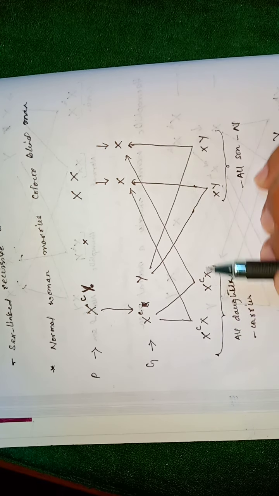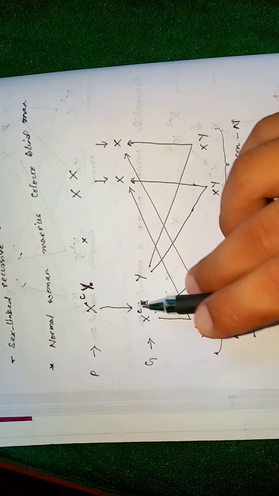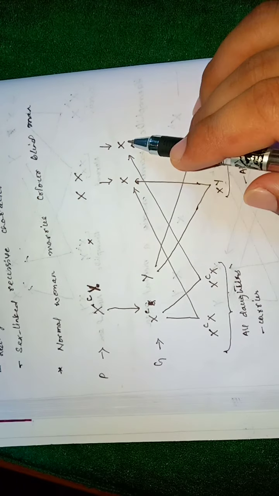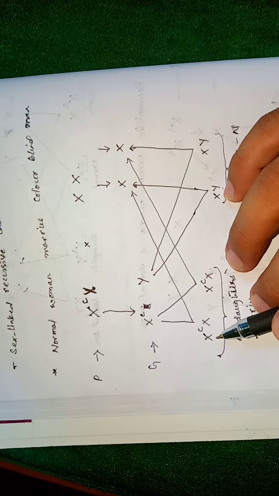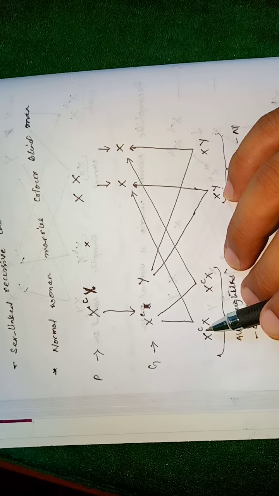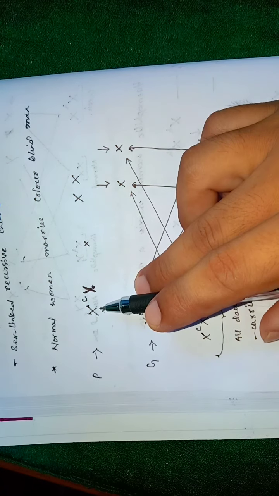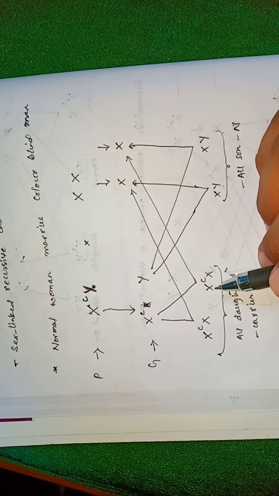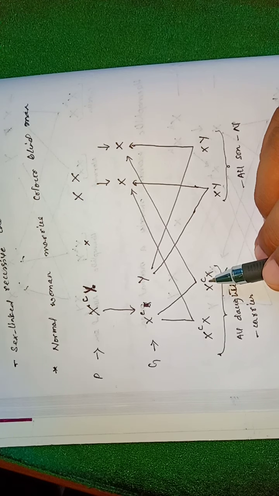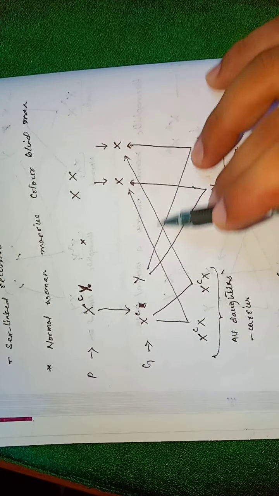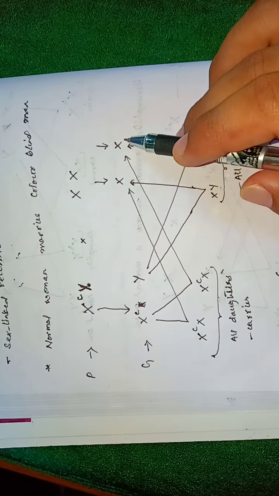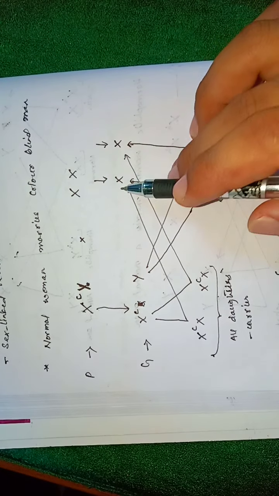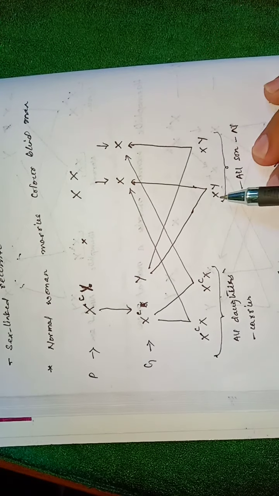These two will give rise to daughters. So one X sex chromosome with the colorblind gene is received from the father. Here also the same: one sex chromosome with the colorblind gene is received from the father. Here, since the mother is normal, Y will fuse with both of these X chromosomes and will give rise to normal sons.